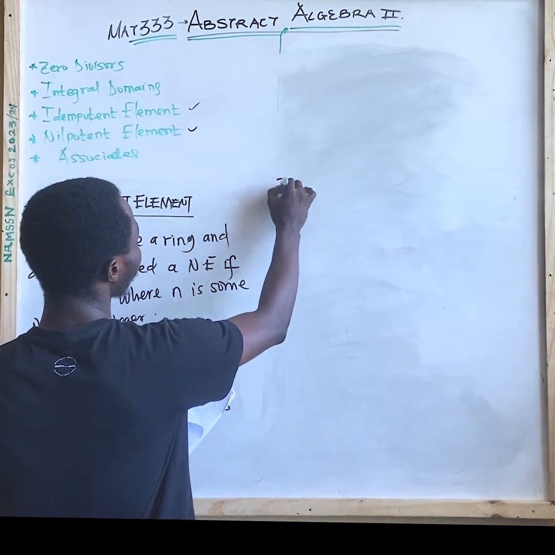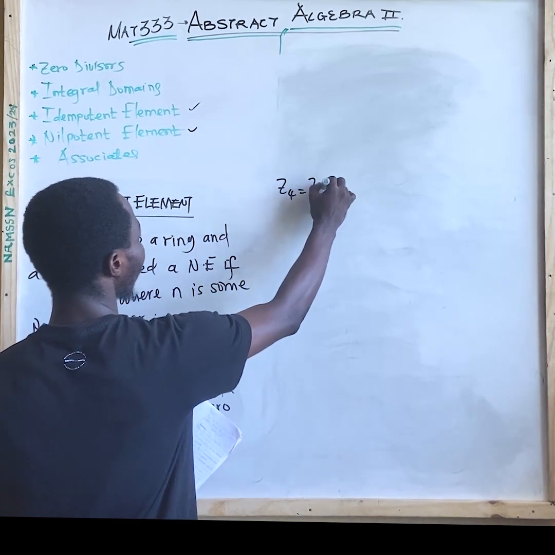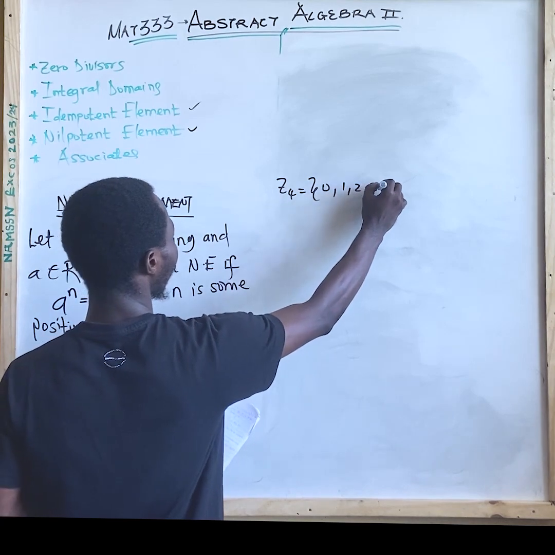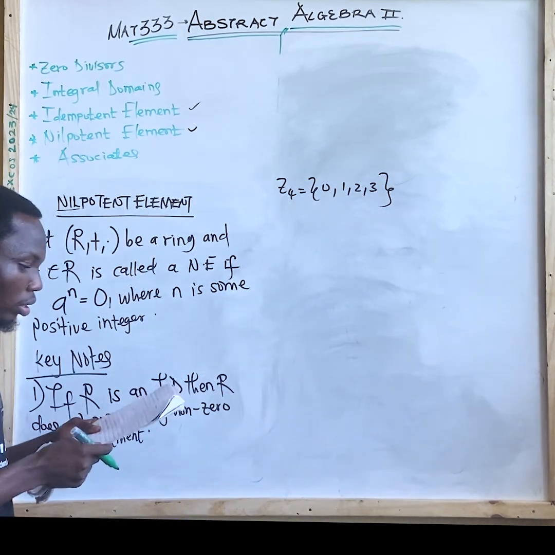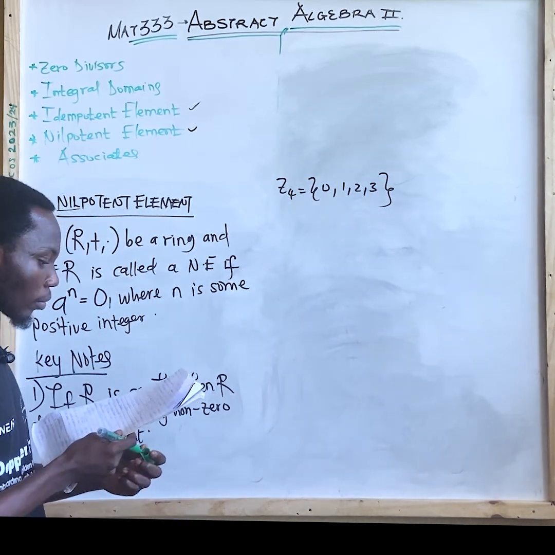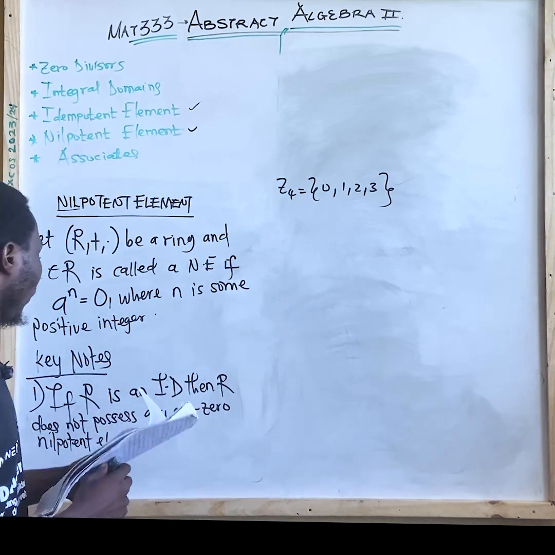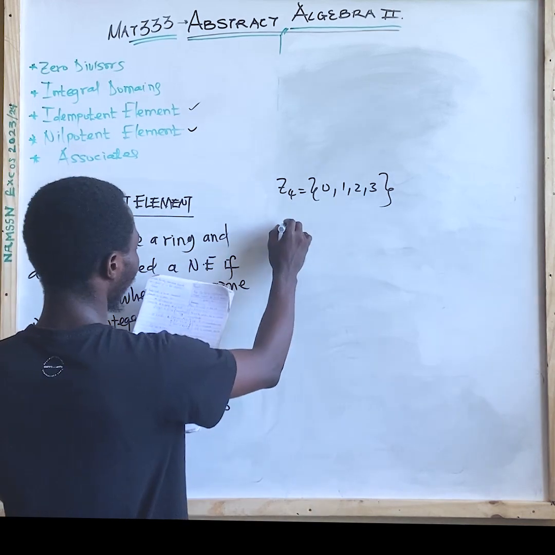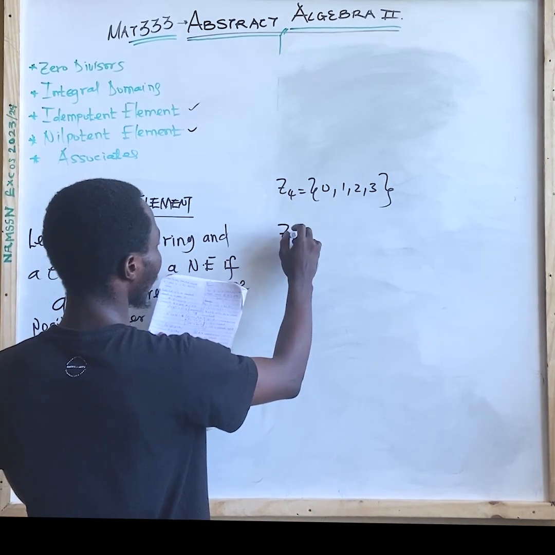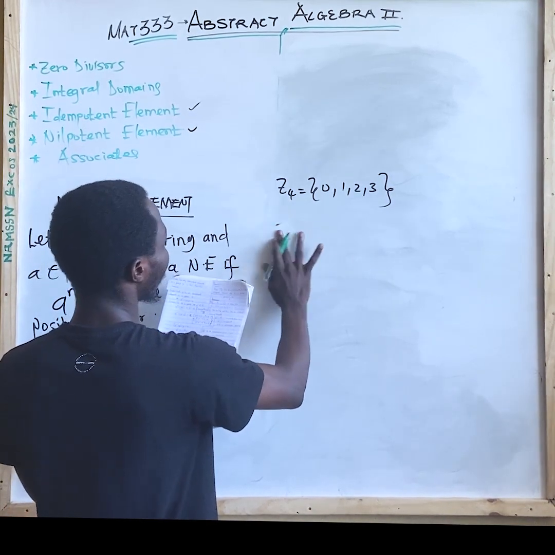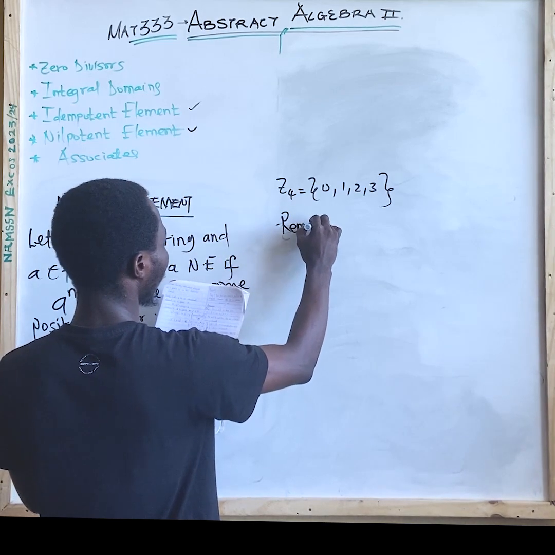So let's take, for example, Z4. We are asked to look for the nilpotent elements: 0, 1, 2, 3. Now we need to take note.